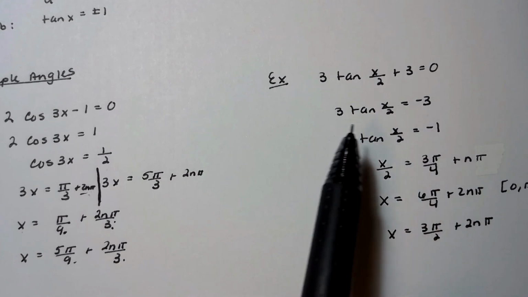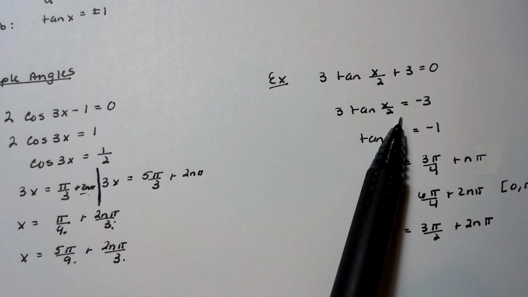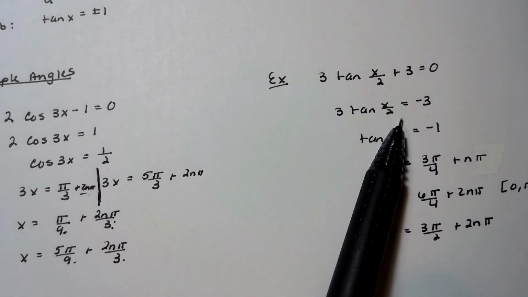So again, I want to know, when is the tangent equal to negative 1? Well, I know that it's going to be at some multiple of pi over 4, right? The tangent in quadrant 1 of pi over 4 is 1. So I have to think of the quadrants, where is the tangent negative? Well, the tangent's going to be negative in the quadrants where the sine and the cosine have different signs.